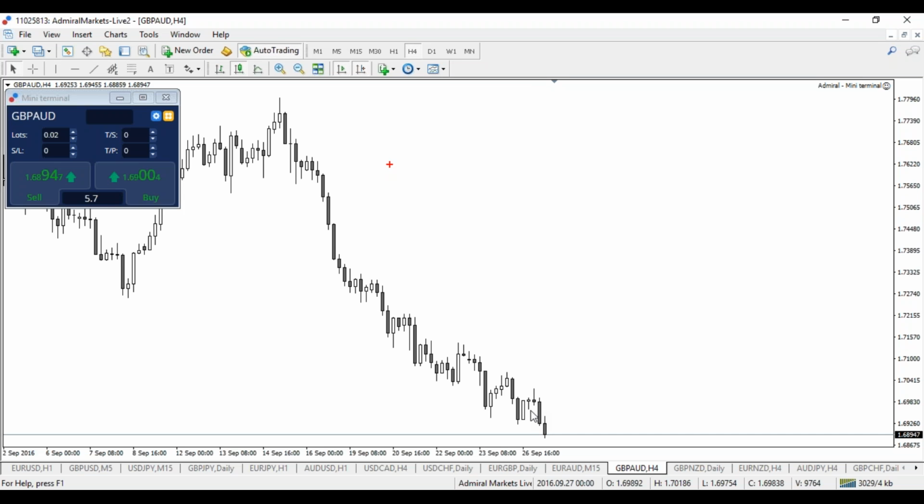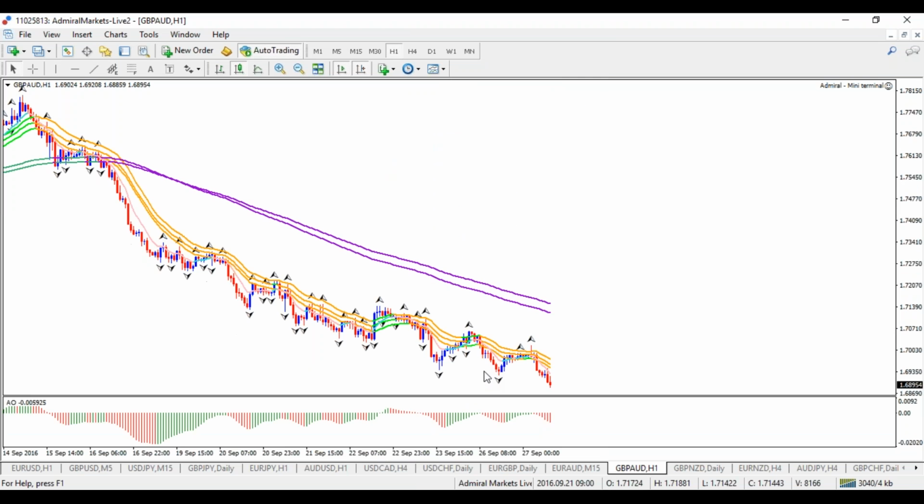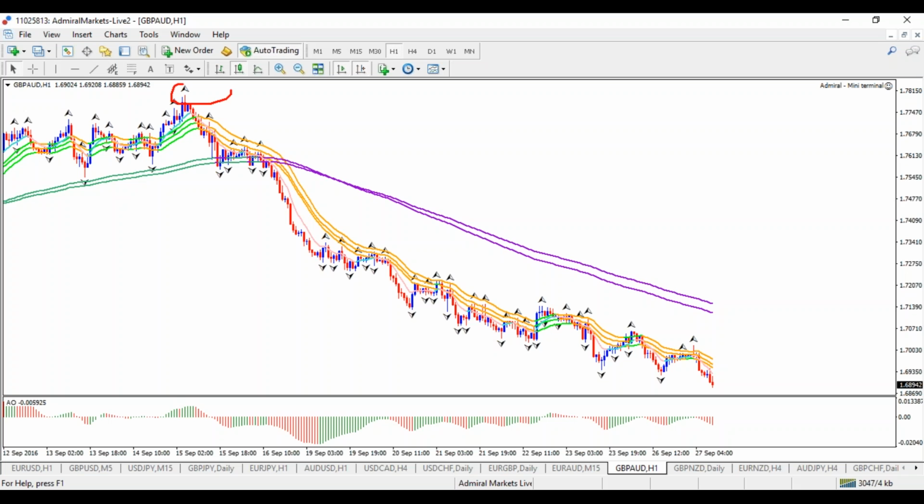let me put on a moving average here. A 900 pip fall is huge on this hourly chart, all the way from here without going back to the 144 EMA.